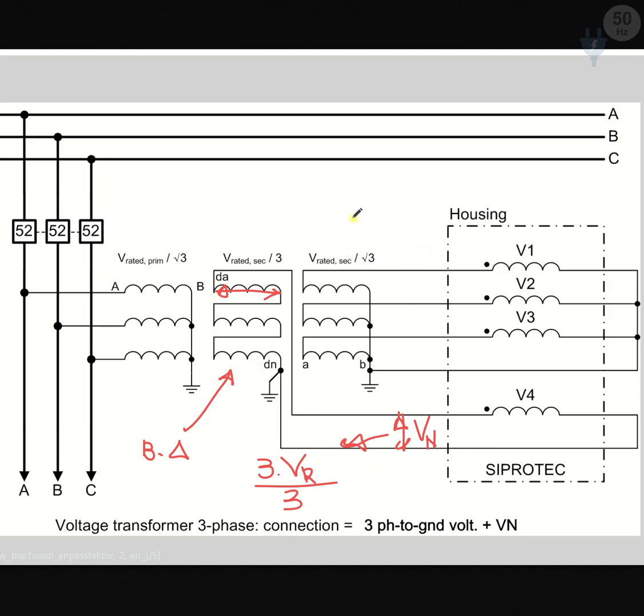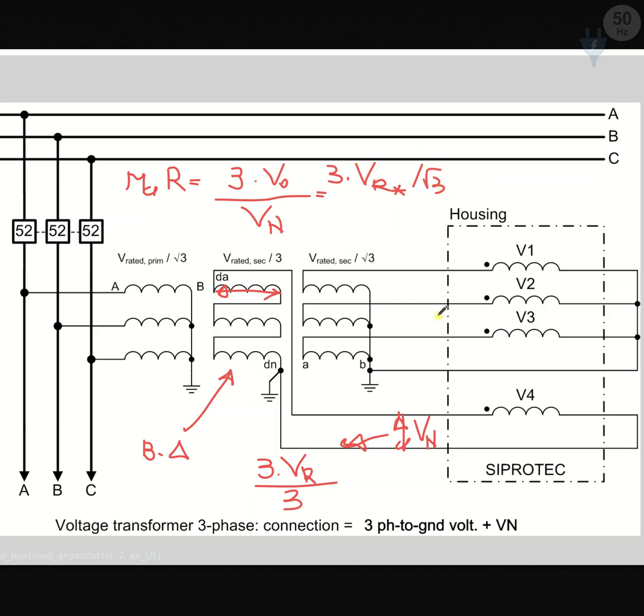And also the matching ratio of Vn and V0 is 3V0 divided by Vn, and that is equal to 3. It is V rated on the star winding of the transformer connected to the phases, this is the star winding, Vt divided by root 3. That is the V0.